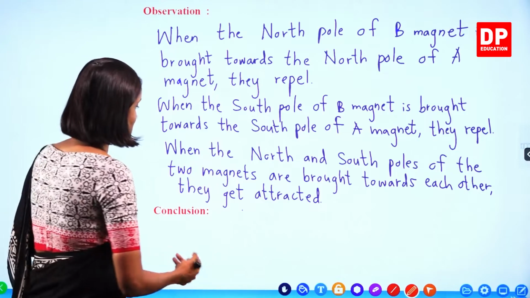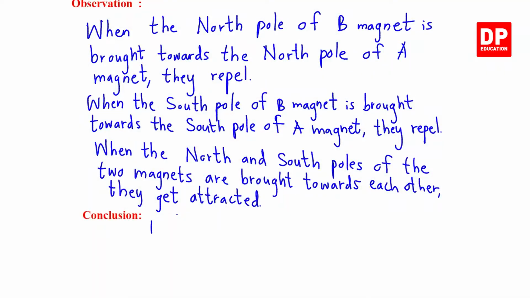Let's write that one. Like or similar magnetic poles get repelled.